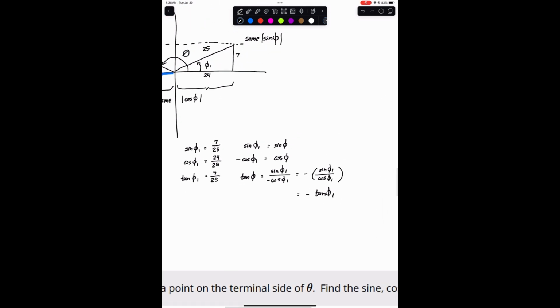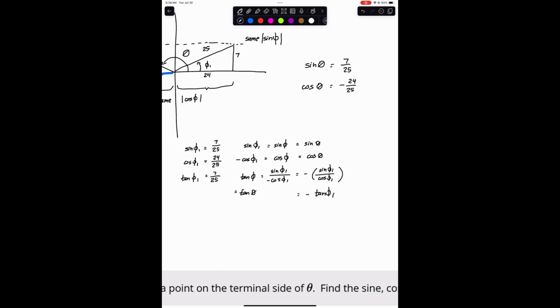That means our answers become sine theta, cosine theta, and tangent theta. So sine theta is equal to 7 over 25 because we don't change the sign. Cosine changes though, so we get a negative 24 over 25 instead.